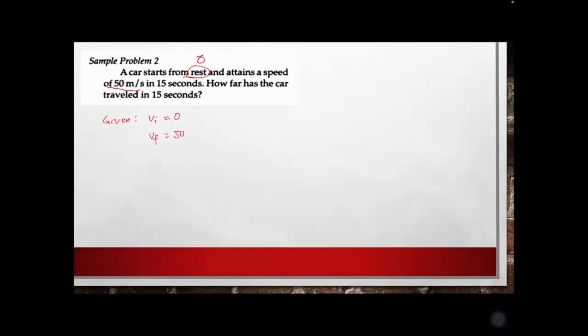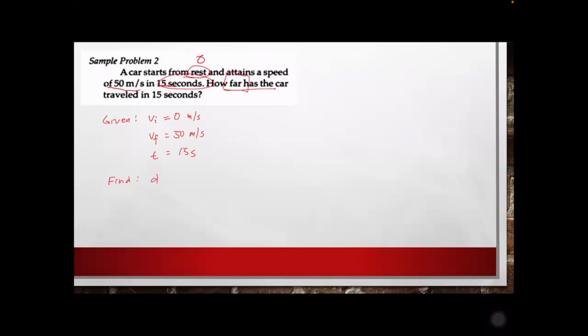That will be 50 meter per second or 0 meter per second here. Then, magkakaroon tayo dito ng time which is equal to 15 seconds based on the given. Then, ang tanong natin dito is how far. Far is, we have to find for D, or delta D, or distance.